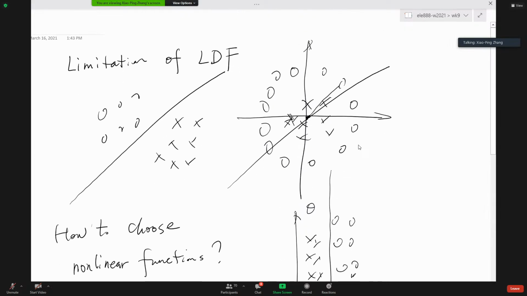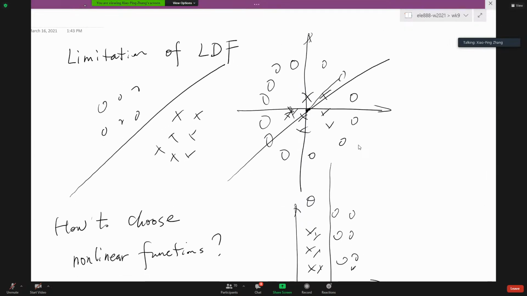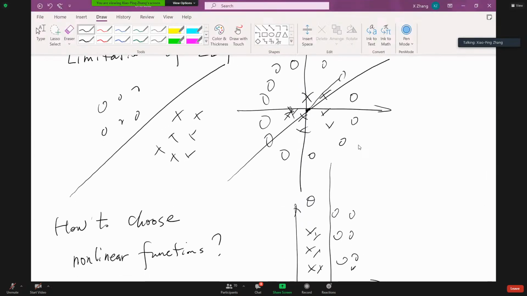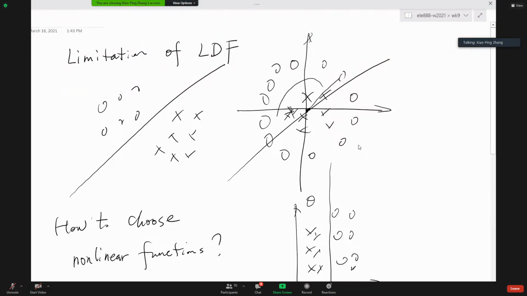For example, if you want to draw your decision boundary like this, you say my decision boundary is a circle, and then you can classify the crosses and the circles.